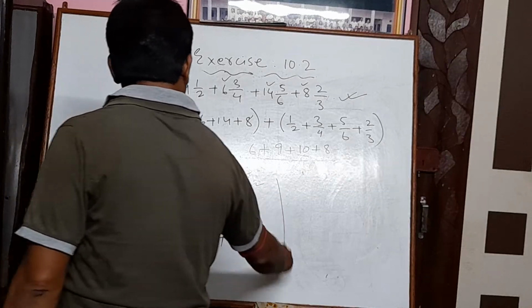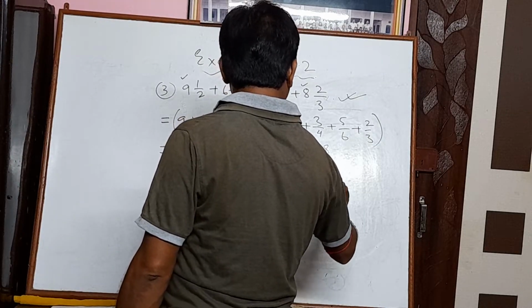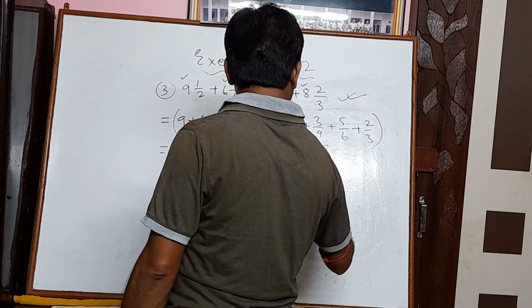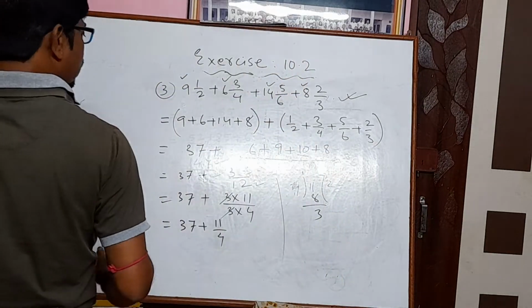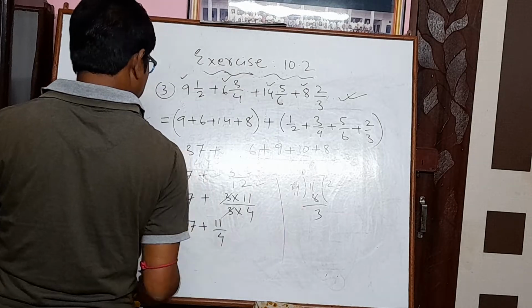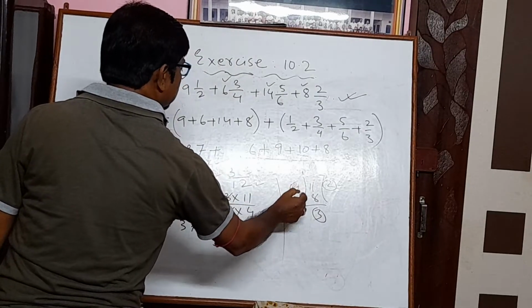If we divide 11 by 4, how much are we getting? 4 twos are 8, remainder 3. So this will become 2 whole number 3 by 4.